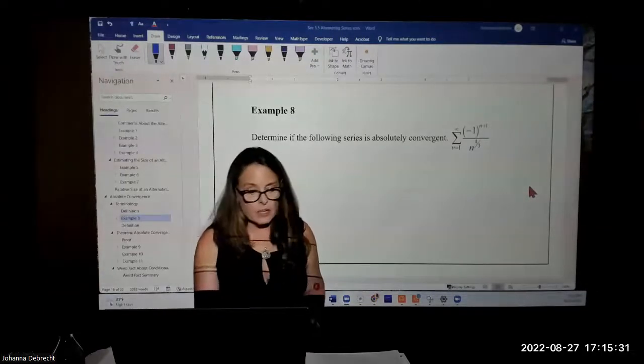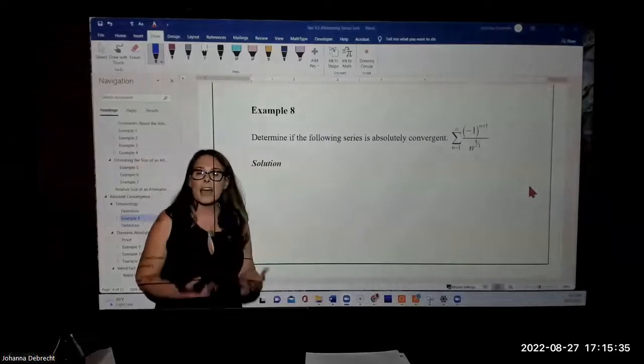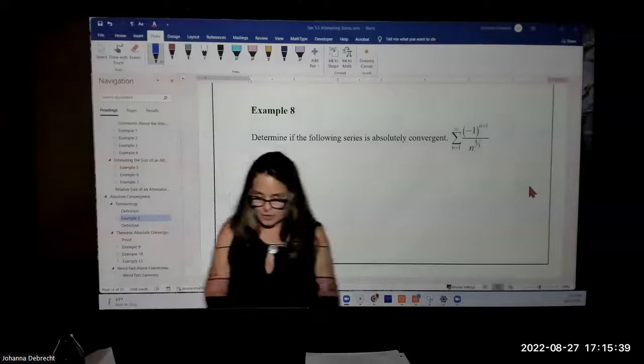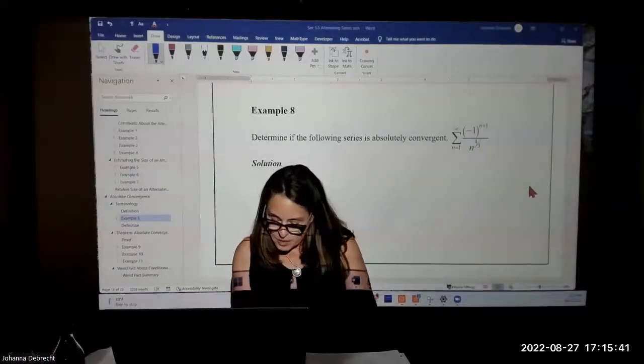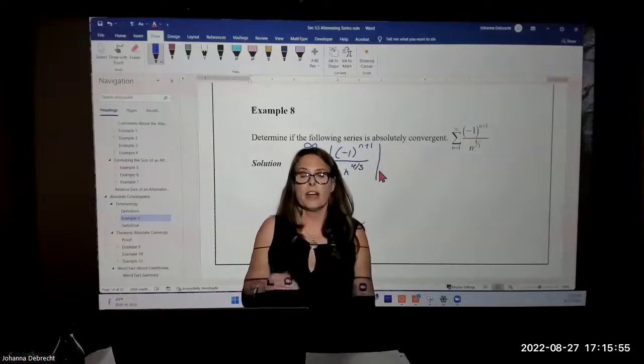So now we want to take a look at this series right here, and we want to determine if it is absolutely convergent. What do we mean by absolutely convergent? By that, we mean that we want to look at the series from n equals 1 to infinity of the absolute value of (-1)^(n+1) divided by n^(4/3). We want the absolute value of the summand.